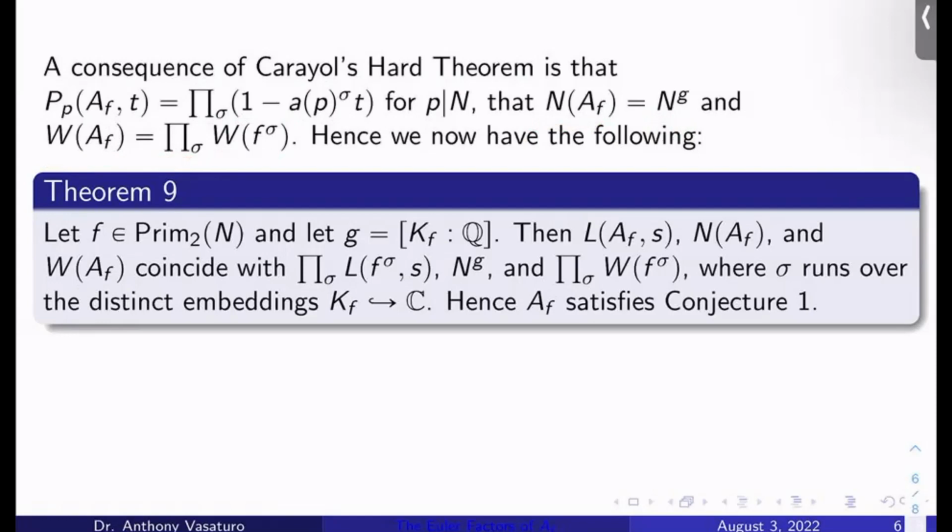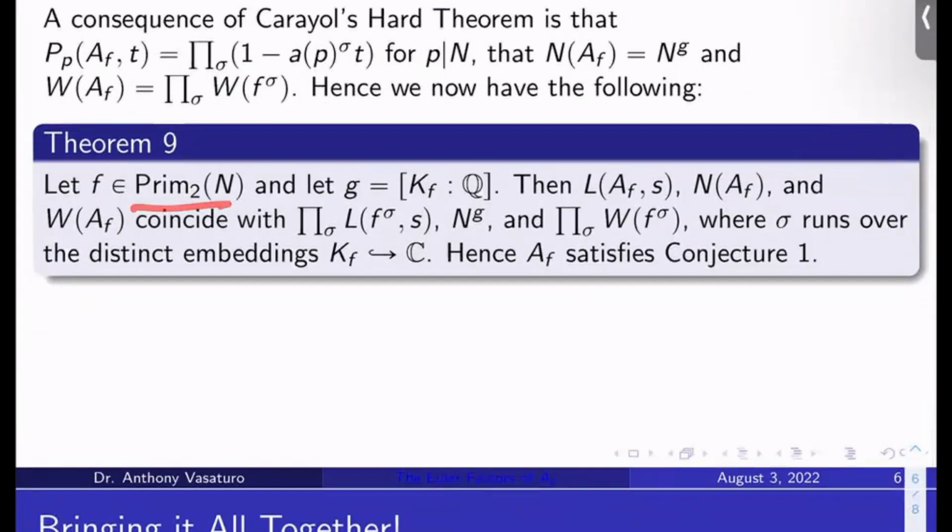So we have the following. Let f be in Prim_2(N), and let g be the degree of the number field K_f over Q. Then L of A_F, s, N of A_F, and W of A_F coincide with L star of A_F, s, N to the g, and W star of A_F.